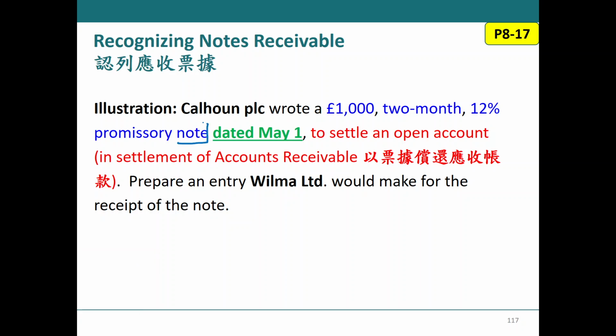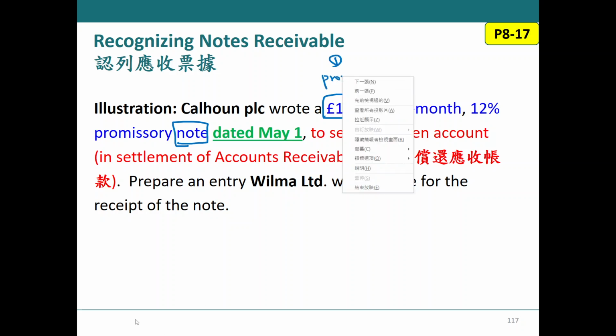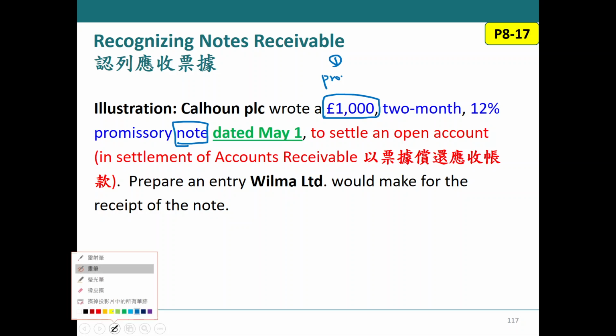Remember, for note, always we have 3 basic promises. So the numbers before the note is the promises. So what's the first promise? $1,000 about principal. So this is the first promise.